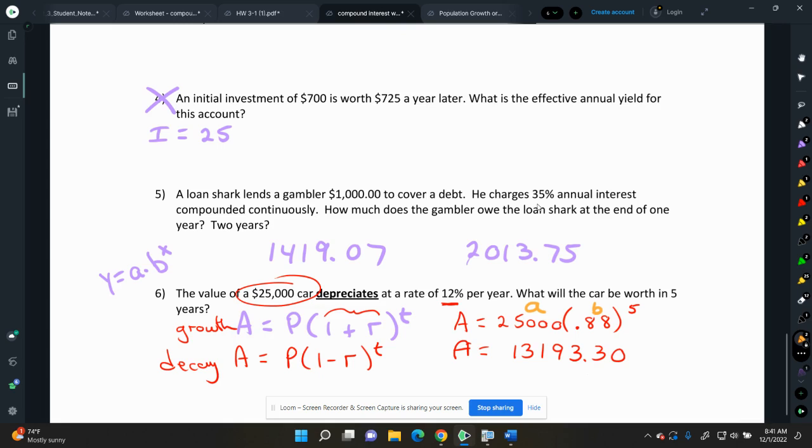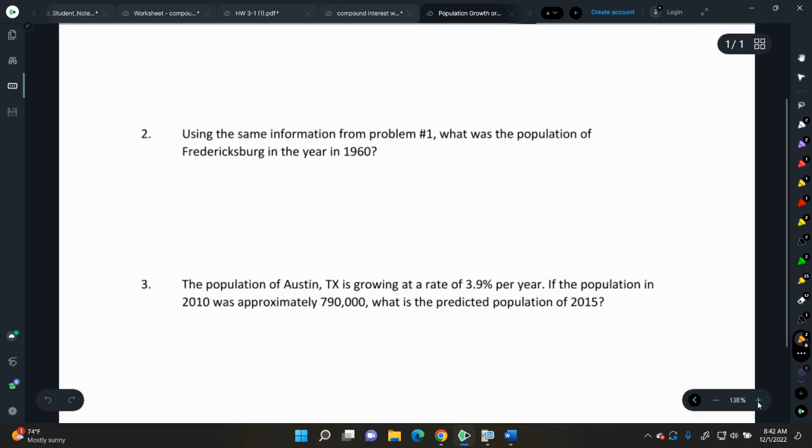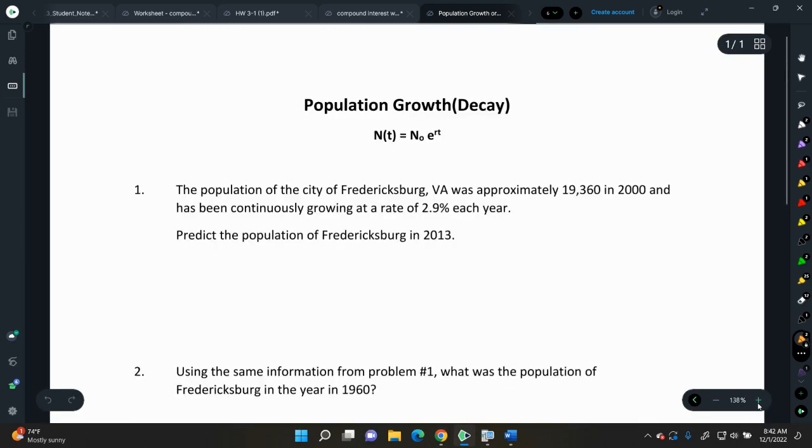Population control. Very applicable if you're living in an area that has incredible population growth, right? This part of Florida in general, the population growth is just going through the roof. Notice the formula, because population is a compound growth.